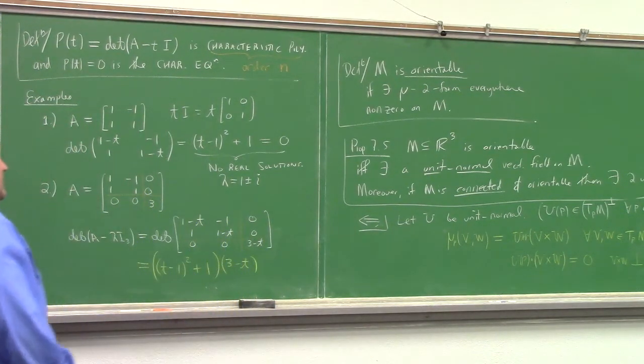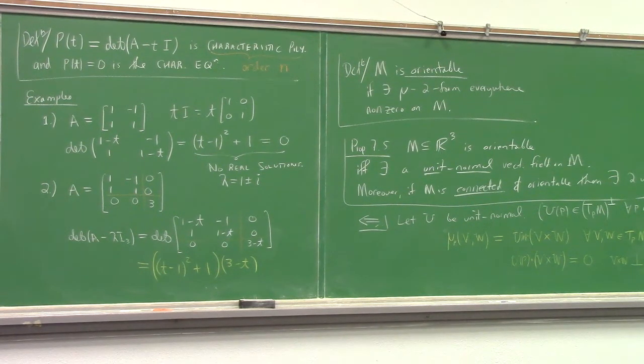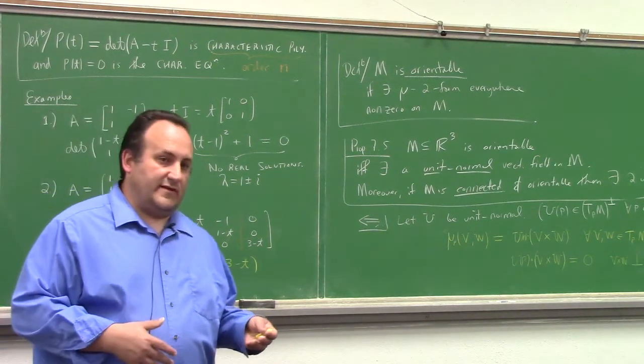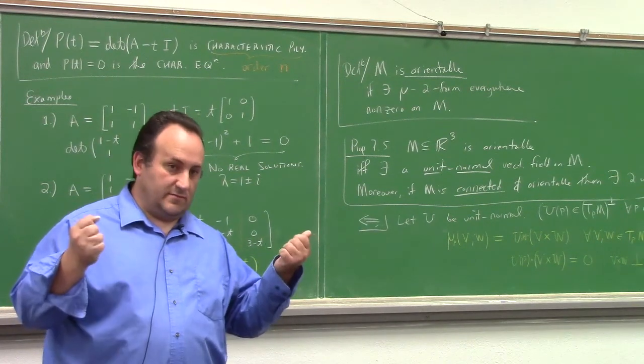For a 2 by 2, for a mapping on R2, I can't prove this without a 30-minute lecture, but in the 2 by 2 case, if you have a complex eigenvalue, it means the transformation is a dilation and a rotation.